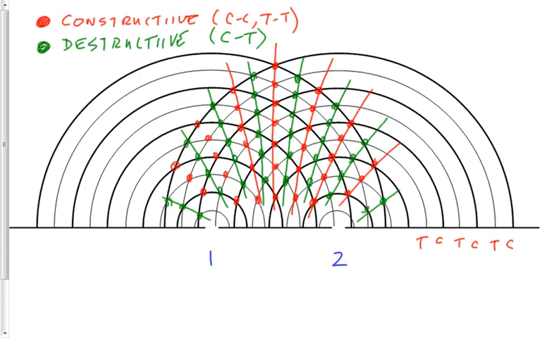So what we end up seeing here is these lines. If you look at this from above, let's say it's two water waves going through these two openings, both diffracting and interfering. What we end up seeing from above are these lines of constructive and destructive interference.